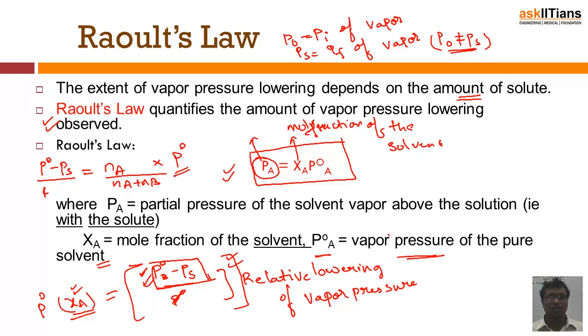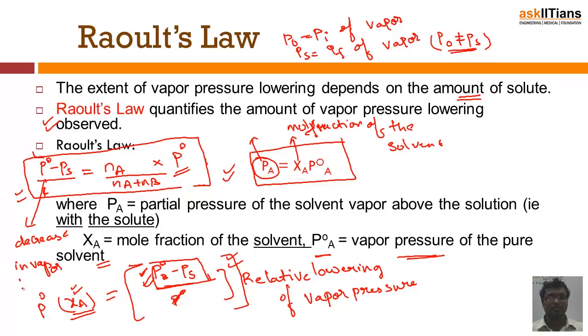P naught is again the vapor pressure of the pure solvent. So this is a very important formula which gives you the decrease in vapor pressure. Decrease in vapor pressure is equal to mole fraction multiplied by the vapor pressure of the pure solvent. Now what happens if it is a dilute solution?